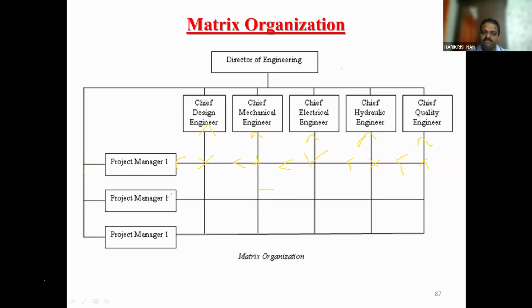Similarly, the different persons over here will be responsible to both the project manager as well as the chief manager of their section. Depending upon the work, the manager can be changed, but there will be horizontal as well as vertical responsibility in this type of matrix organization. You may see over here what I have given in the definition.